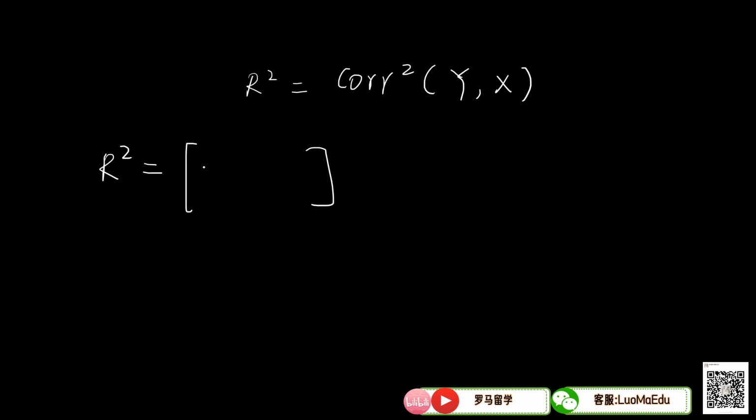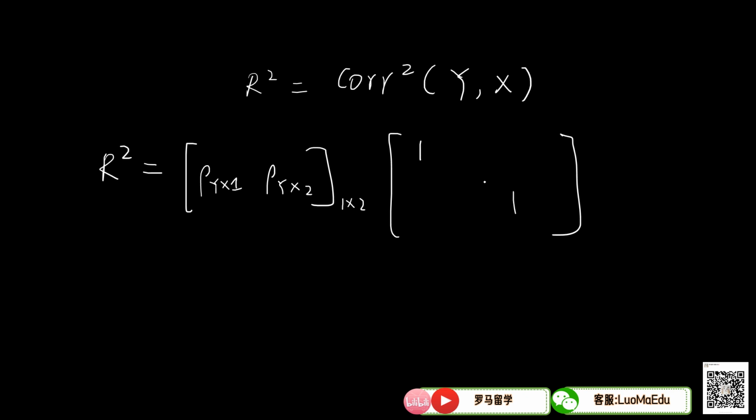The first matrix will be the correlation between y and x1 and the correlation between y and x2, which is a 1 by 2 matrix, times the inverse of the correlation matrix between x1 and x2.